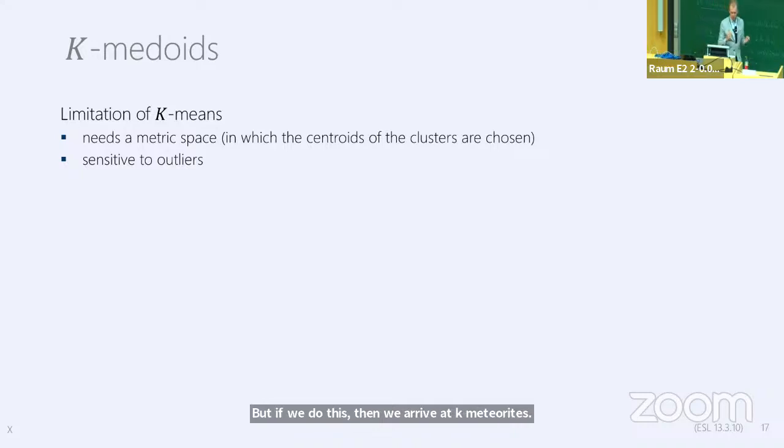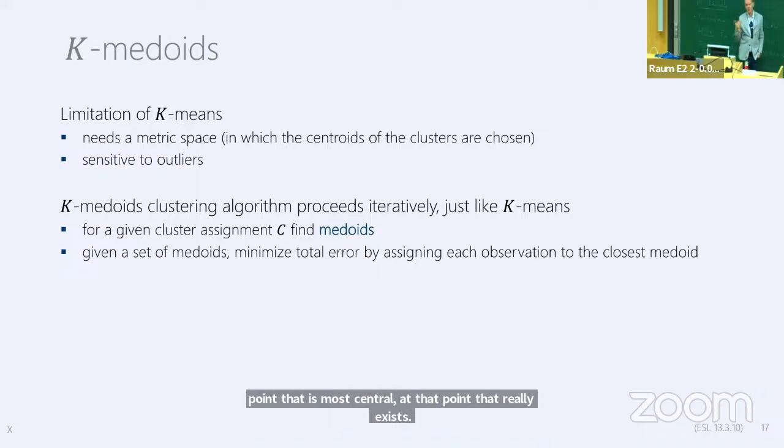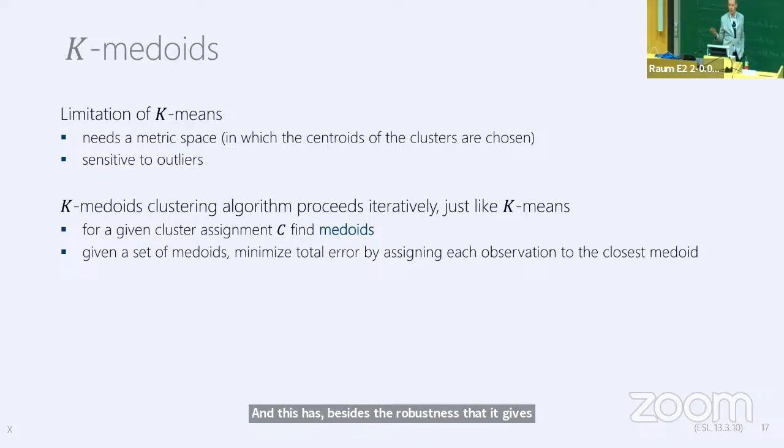Essentially, we start with some assignment, and we're not so much interested in computing the centroid. What we're interested in is finding that point that is most central, but that really exists. Besides the robustness it gives us, this has an additional feature: the medioid is an actual data point that we can look at.